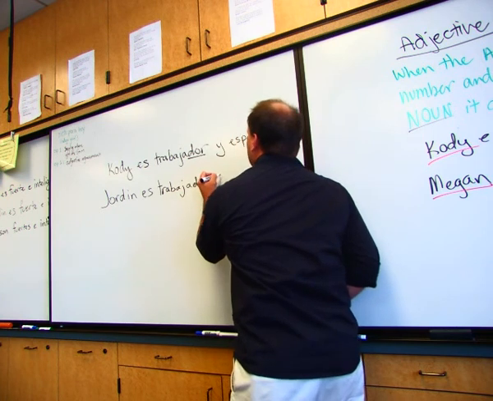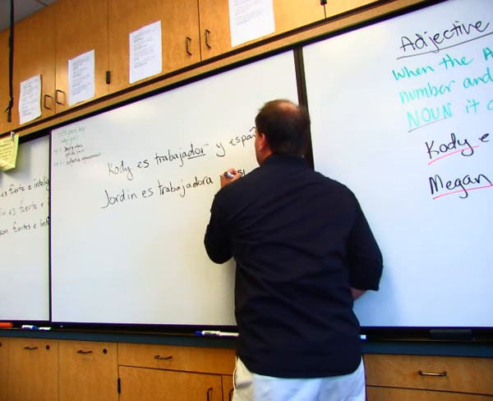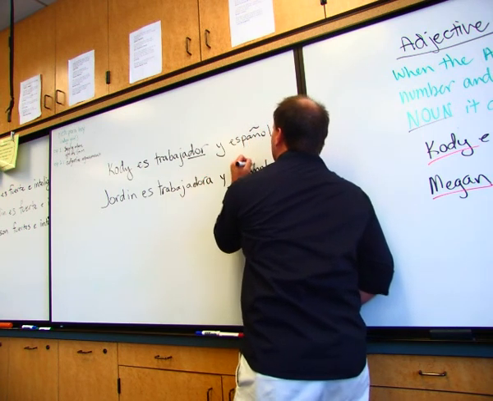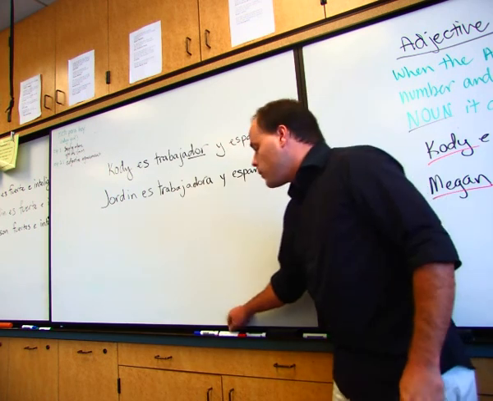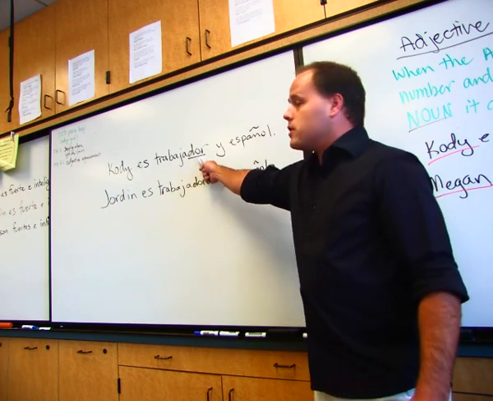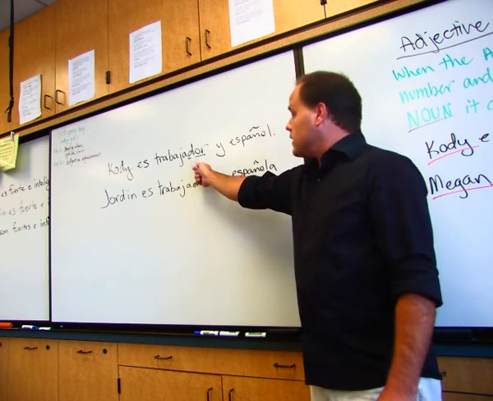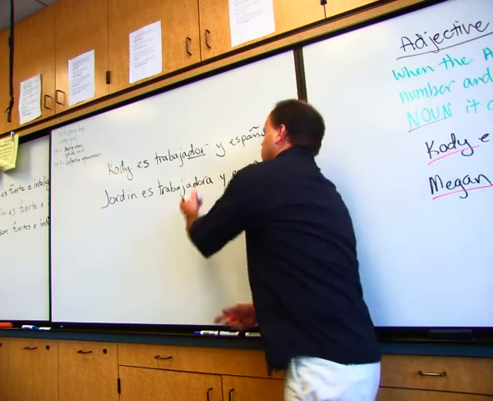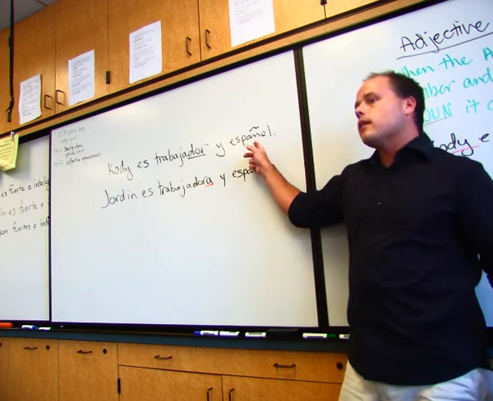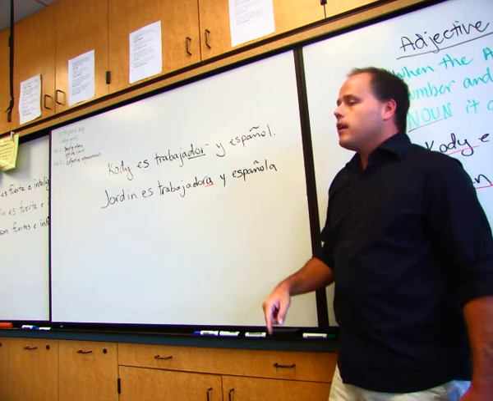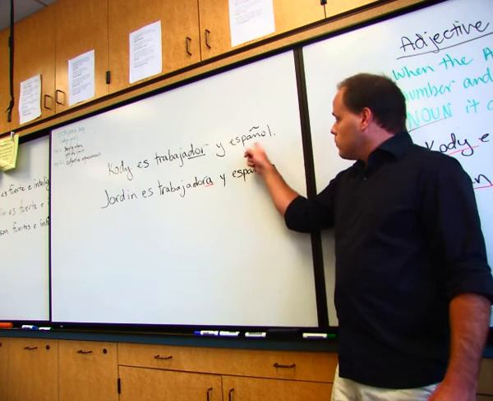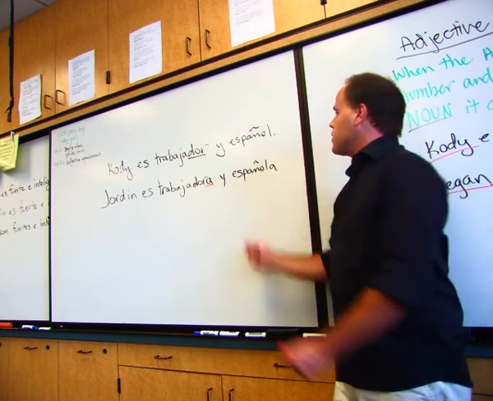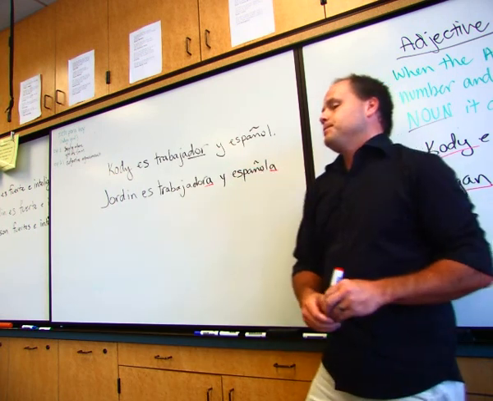Trabajadora y española. So what we learn is, if it is an adjective that ends in DOR, it's masculine, it stays that way. If it's feminine, we just add an A to the end of it. Same thing with a nationality that doesn't end in an O. We'll keep it español for masculine, but española for feminine. Okay?